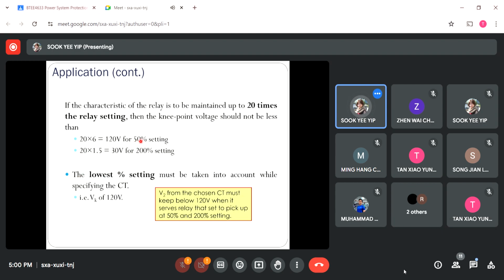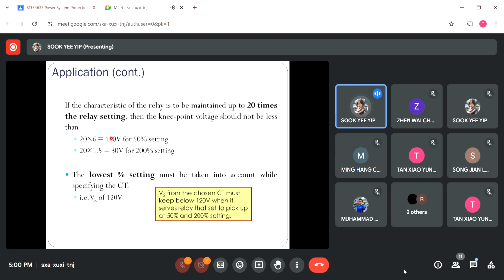Because you can see, if I have it tuned at 50%, the wattage at the secondary side is 120 watts. If I have 200% setting, the wattage at the secondary side is 30 watts. So if I want to set the maximum voltage that can be generated for this current transformer, I will base it on the low setting, where the knee point voltage is set at 120 watt.